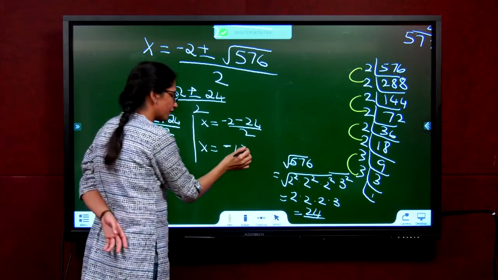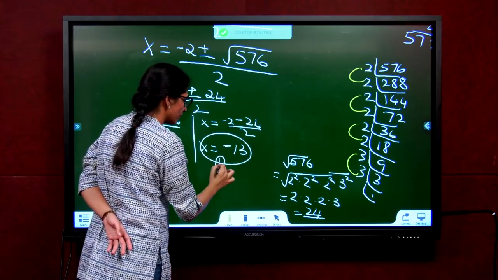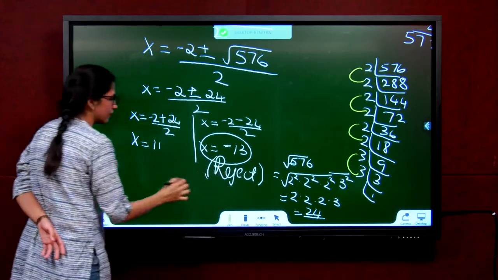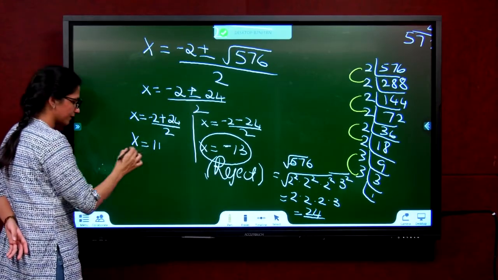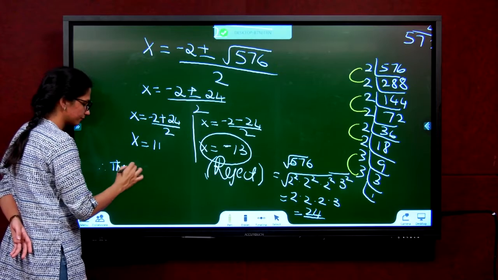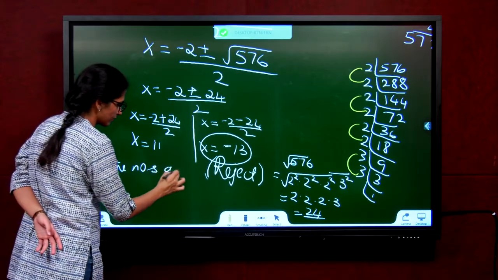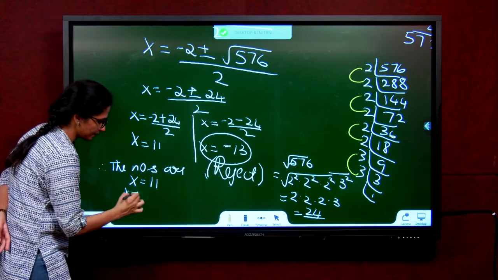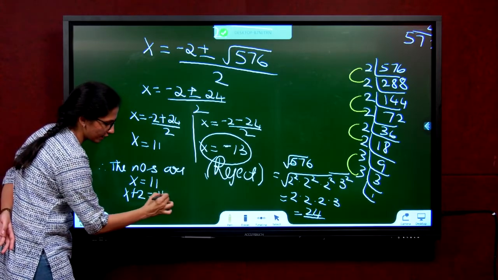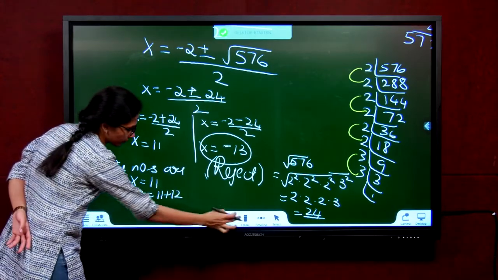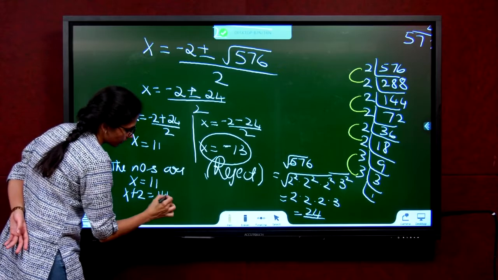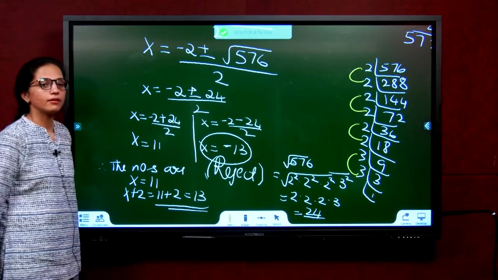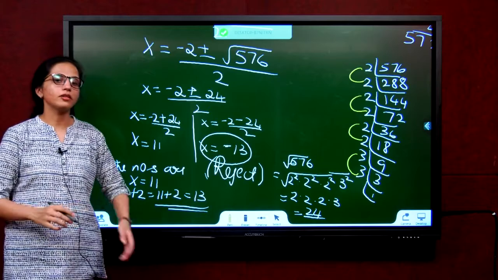Is this positive? No. Which is why we will reject it. Therefore, what is the value of x? Therefore, the numbers are x equals 11 and x plus 2 is equal to 11 plus 2 equal to 13. 11 and 13 is the pair of odd positive integers.